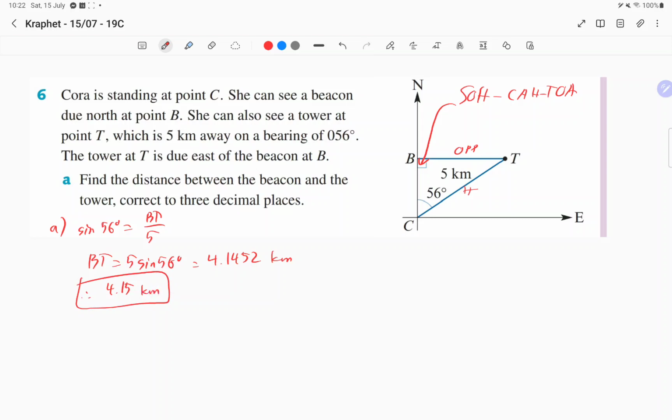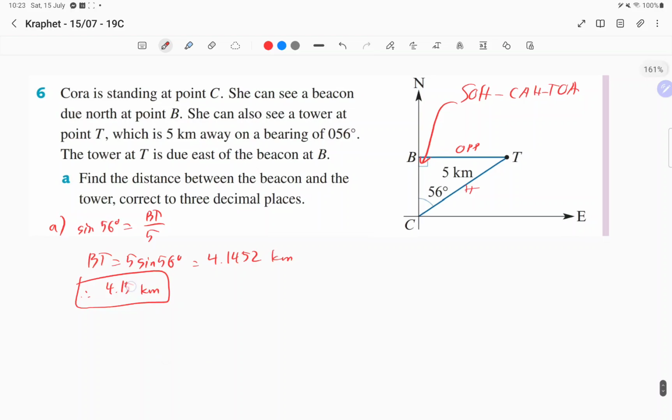Wait, how many? Oh, 3 decimal places. Sorry, so we need to go a bit more: 4.14519. There you go. So that's question A.